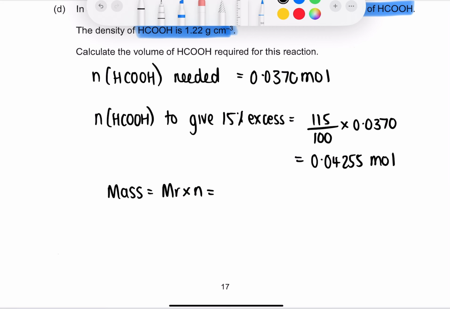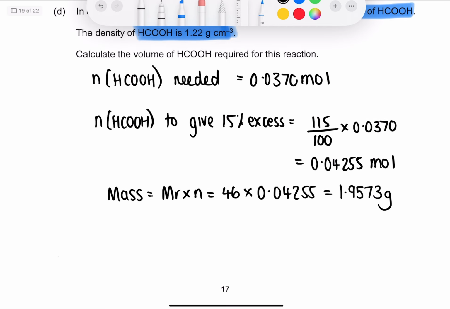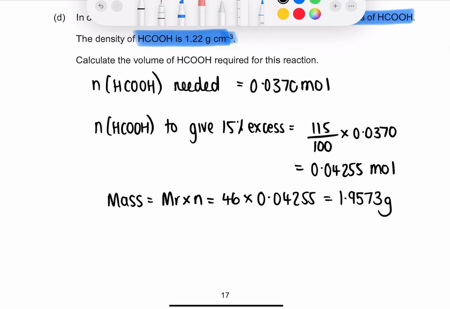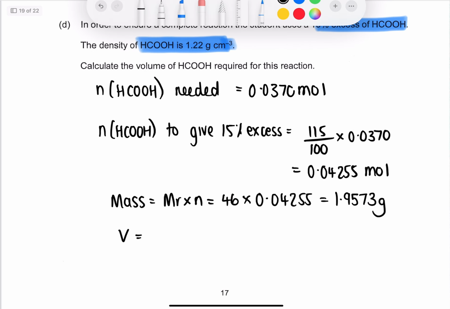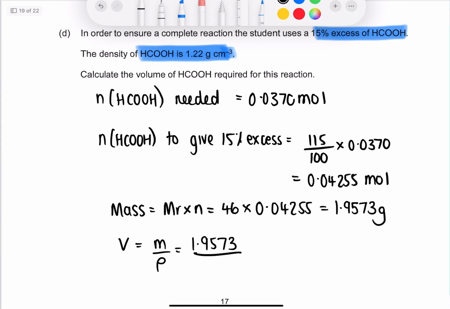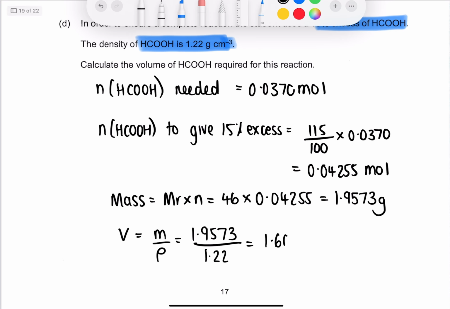So we add up this methanoic acid and we get 46. And then we're typing that on our calculator and getting a mass in grams. But the question is what volume given the density. So volume is mass over density. And if you type that on your calculator, you're going to get 1.60 centimetres cubed.